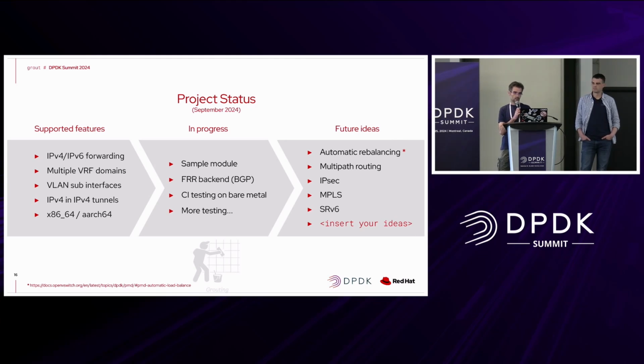So one idea is to work on some automatic rebalancing. So a bit like what OVS does. And otherwise, for the future, we envision adding some more networking features like ECMP, maybe IPsec, some MPLS, and whatever. If you have ideas, we are welcoming you.